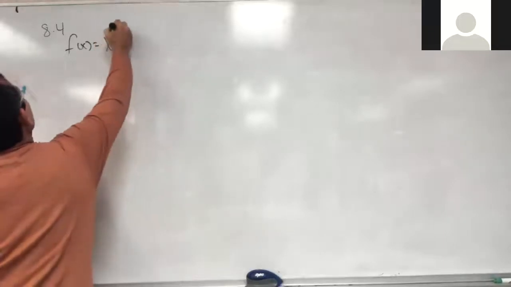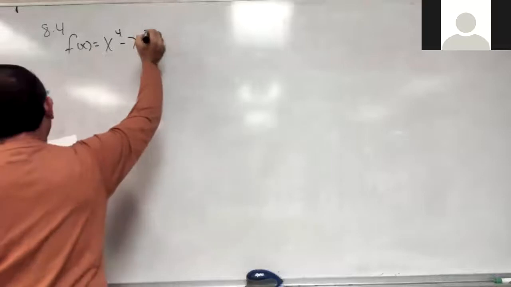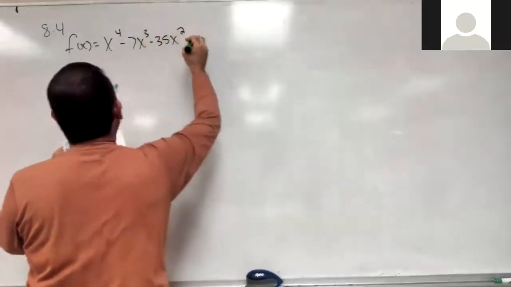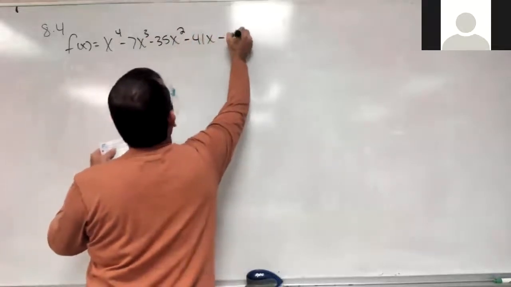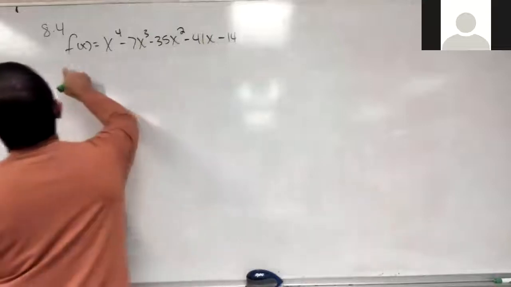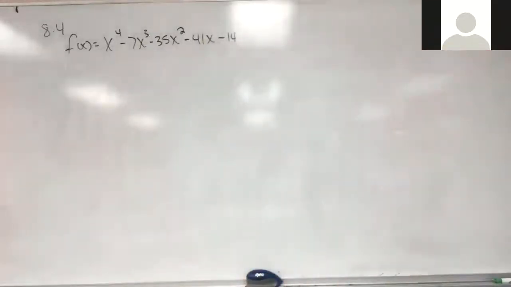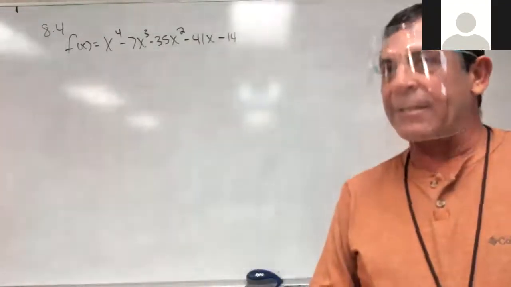We're gonna start out with x to the fourth minus 7x to the third minus 35x squared minus 41x minus 14. So I'm gonna find the zeros and then I'm gonna find linear factors. So I'd probably graph that again real quick. So let's graph that and see where that's gonna cross over the x-axis.